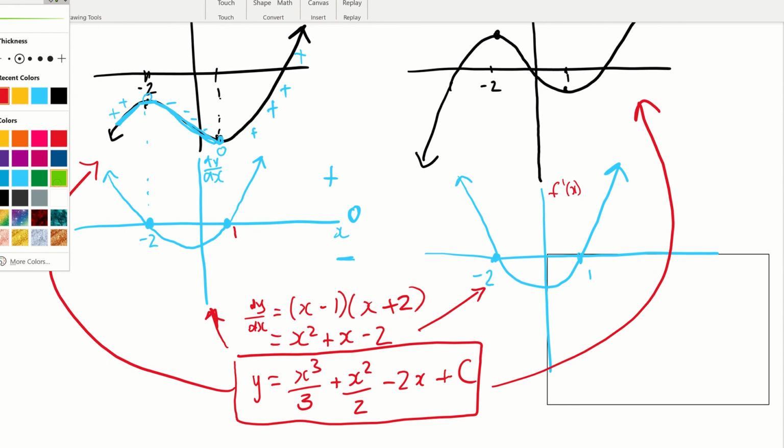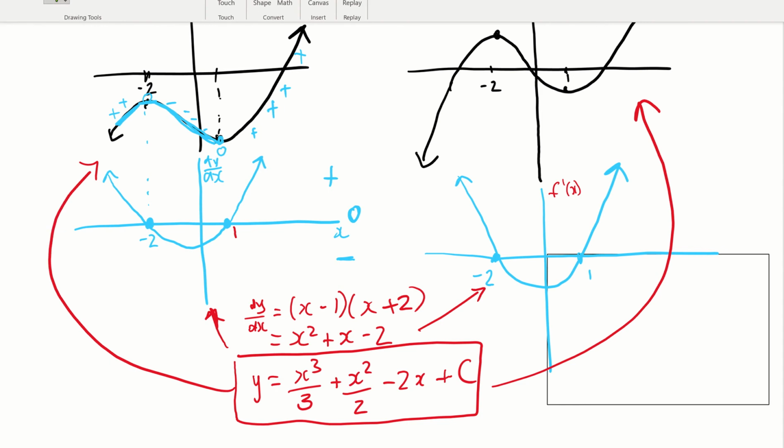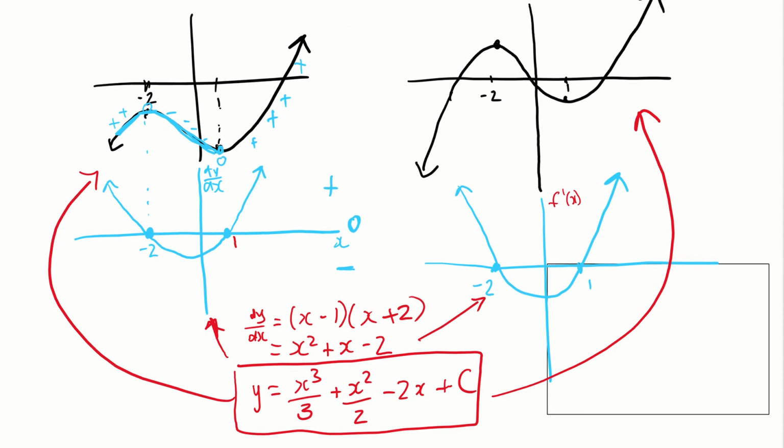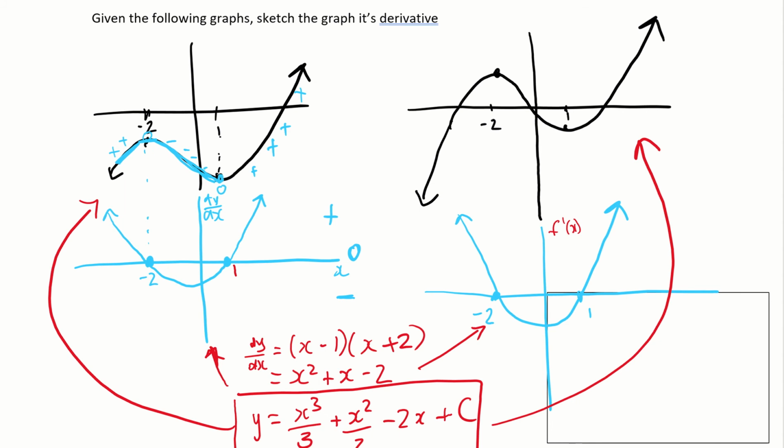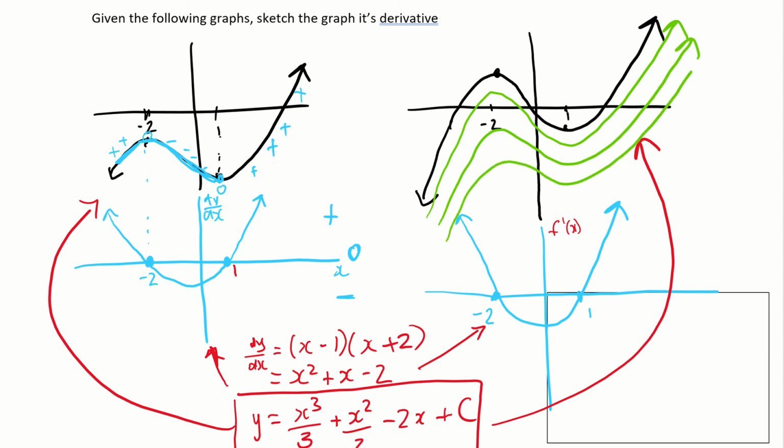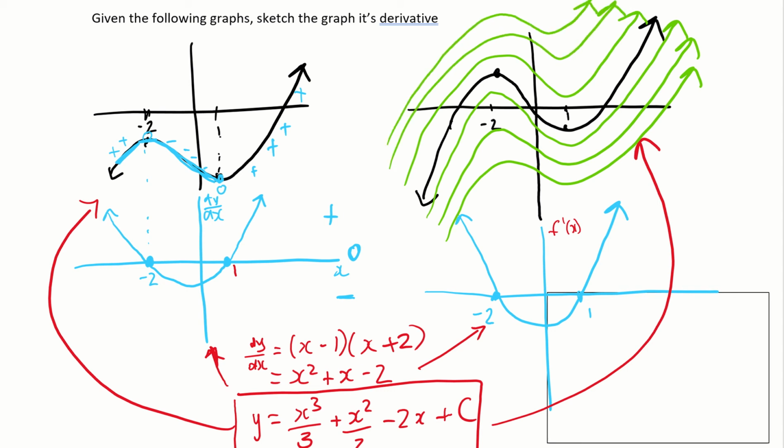Really, without knowing the value of c, there's an infinite amount of possibilities, or an infinite amount of those cubics I could have given you that would have all produced the exact same derivative or differential equation. So imagine every single type of cubic that I could have given you, and my drawing's not great here, but all depending on the c value, okay?